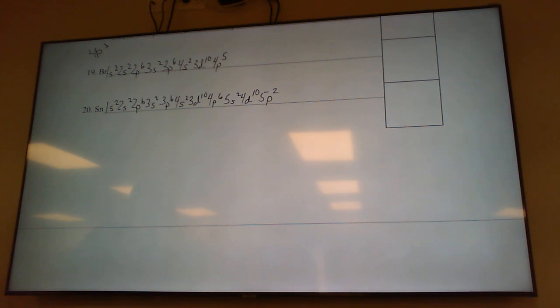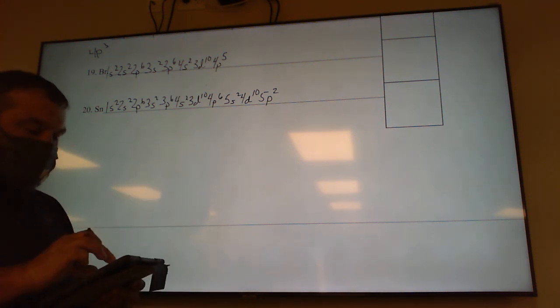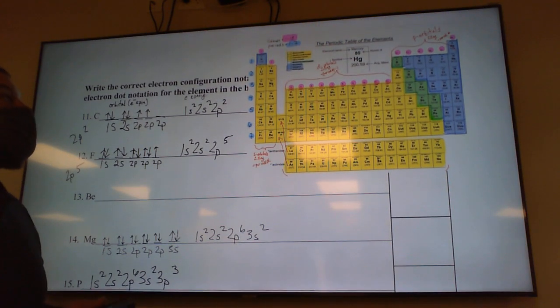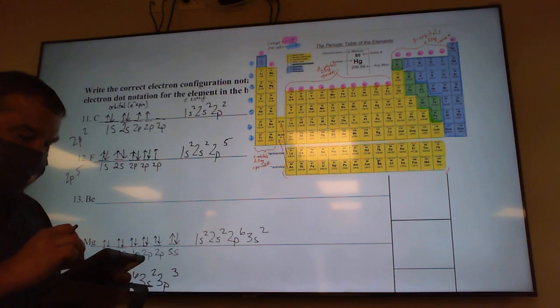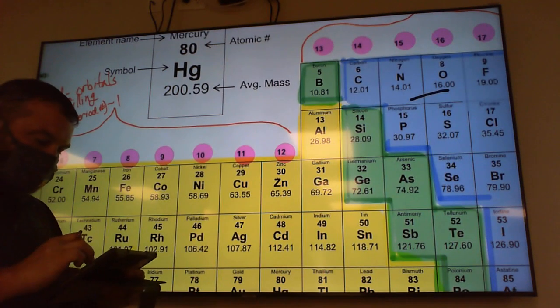The next thing that I'm going to show you is how to make it even shorter. To make it even shorter, you're going to use what's called shorthand or abbreviated or a noble gas configuration. Your noble gases are found in group 18.